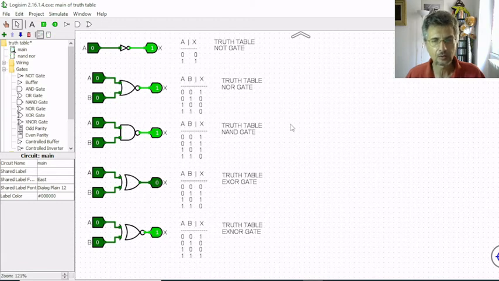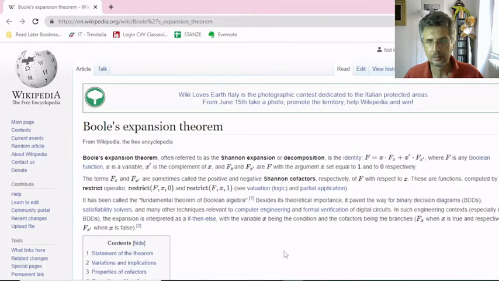This is a consequence of a very important theorem of Boolean algebra, which is the branch of mathematics that deals with binary logic. This is Boole's expansion theorem.